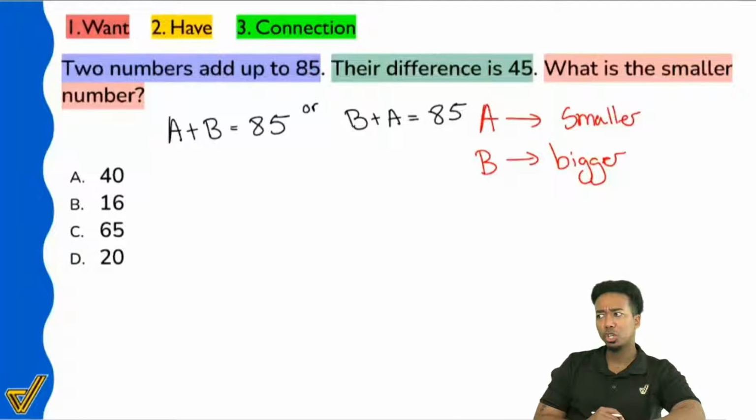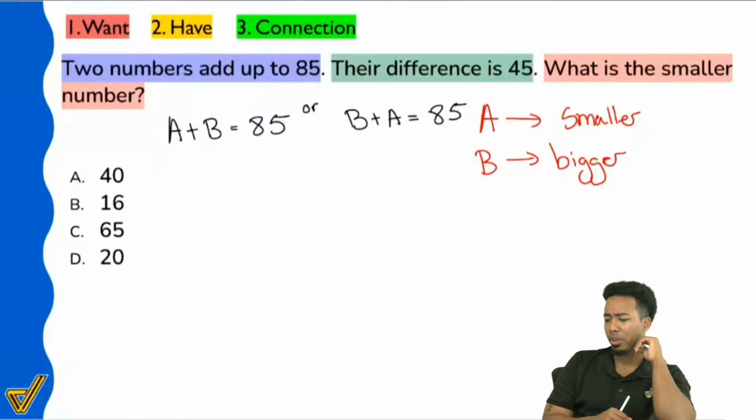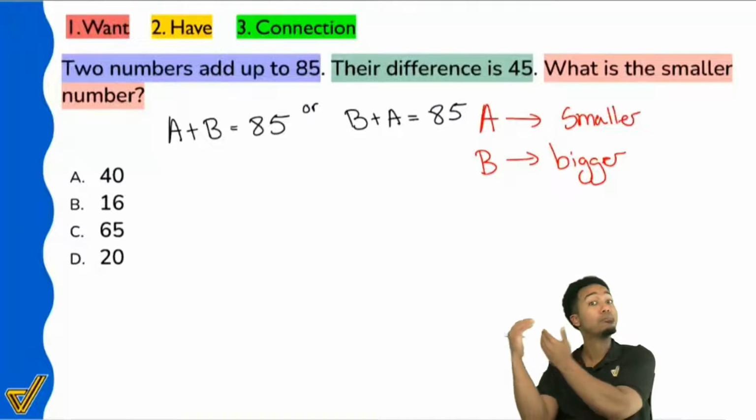Everyone, which way should we write it? If A is the smaller number, how should we write their difference? When you subtract the numbers, you get 45. Which way should you write it?